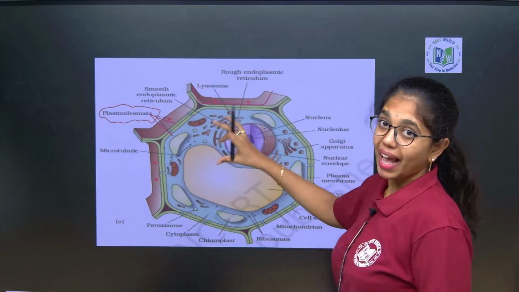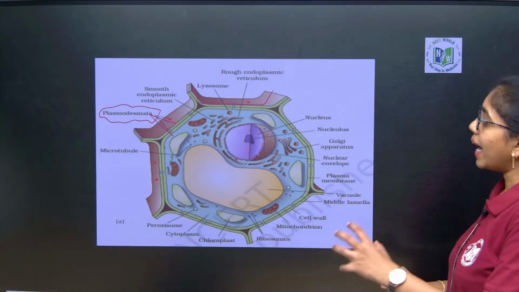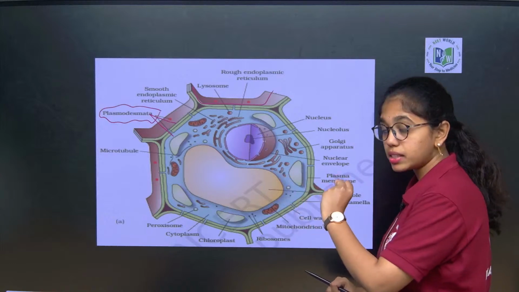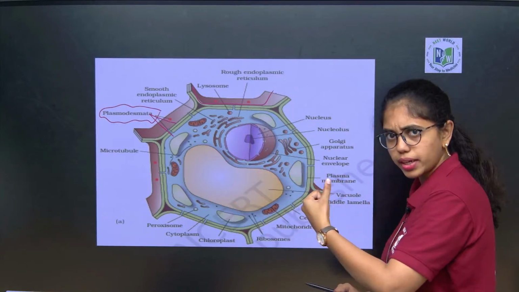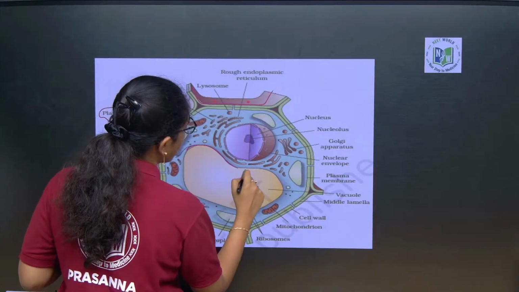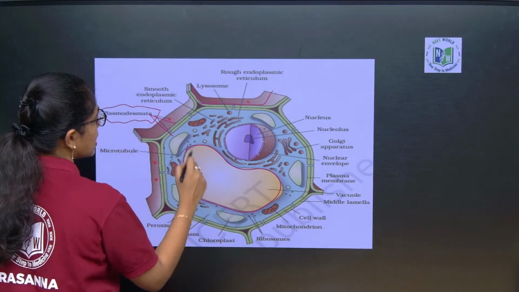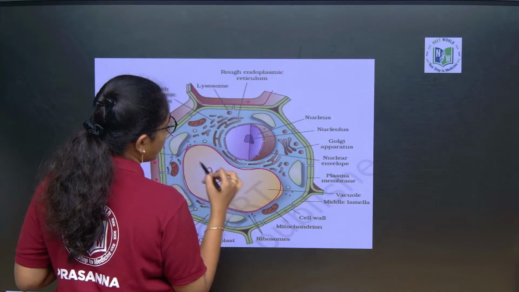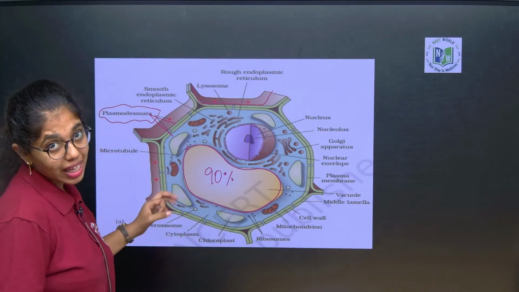Even though this is given as a black and white diagram, you can clearly observe, because the vacuole is occupying 90% of the cell volume.